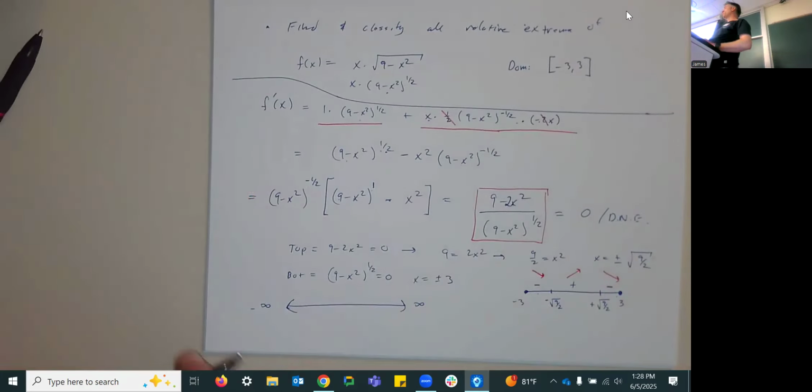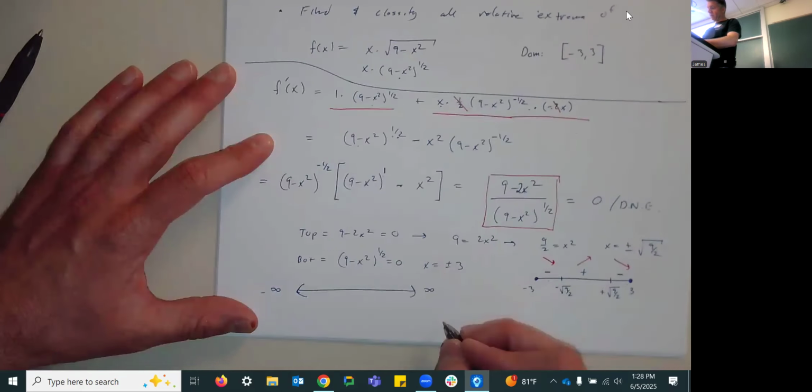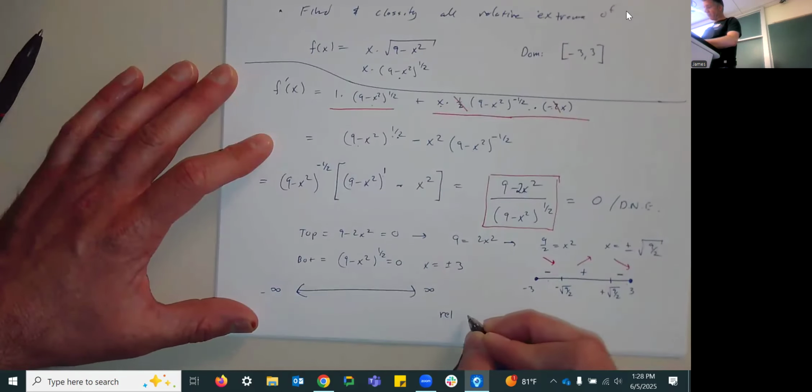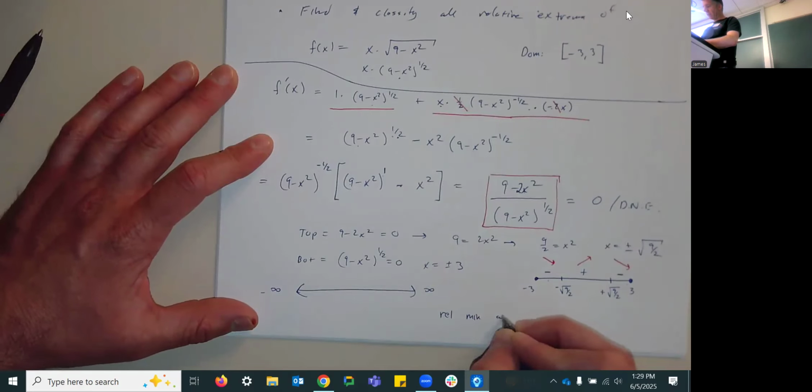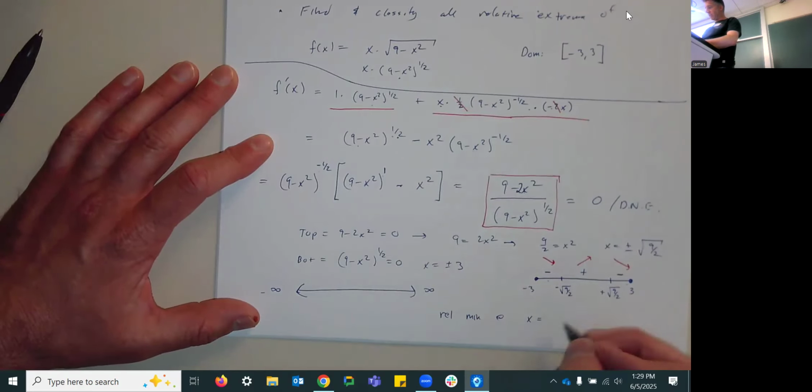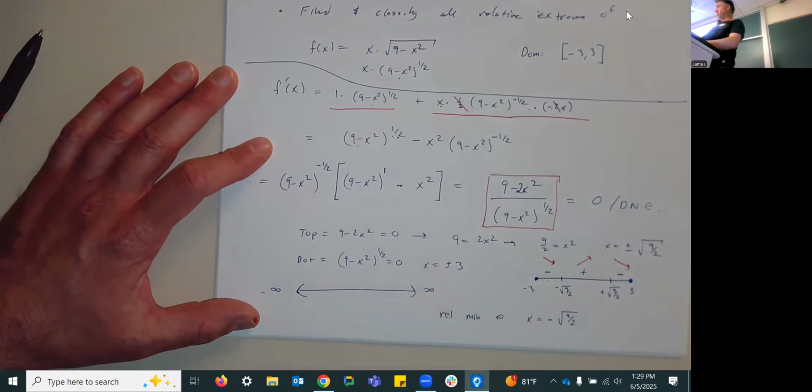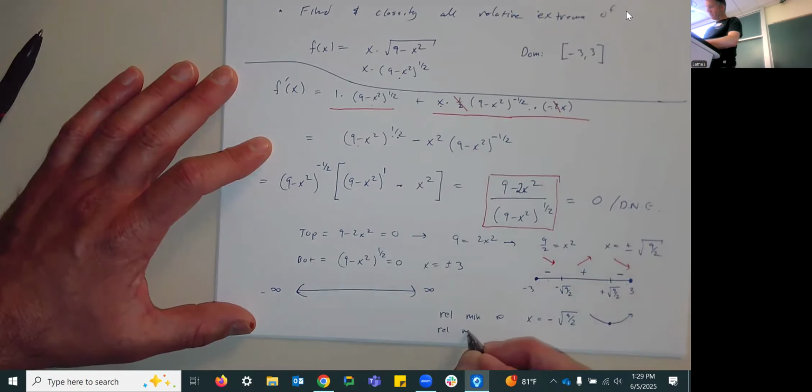So according to the first derivative test, we have a relative minimum at x equal to negative root 9 over 2, because the function went decreasing and increasing, right? And we have a relative maximum at x equal to positive root 9 over 2, because we went from increasing to decreasing.